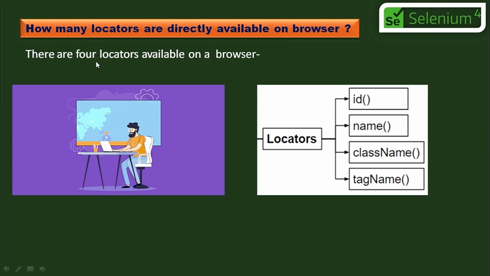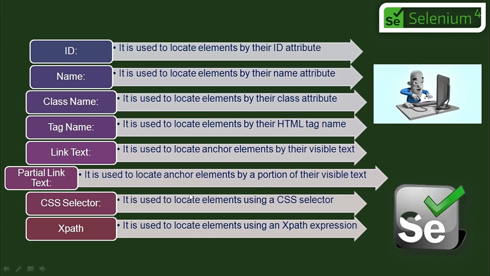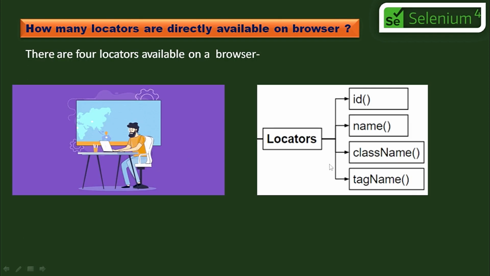There are 4 locators available in your browser, because every web element has only 4 locators: ID, name, class name and the tag name. The remaining locators we need to create by using these web elements or these locators, so they are called the derived locators.